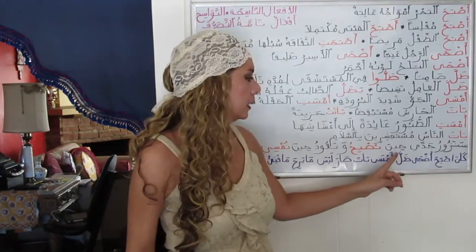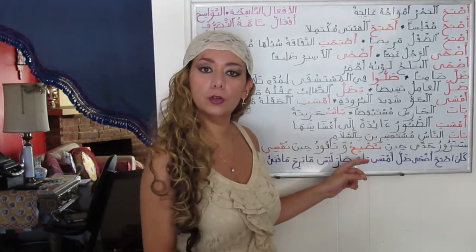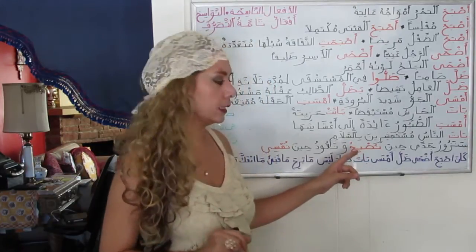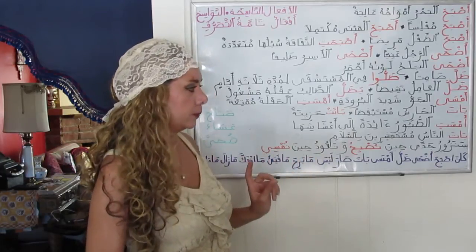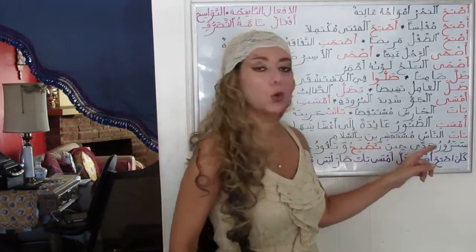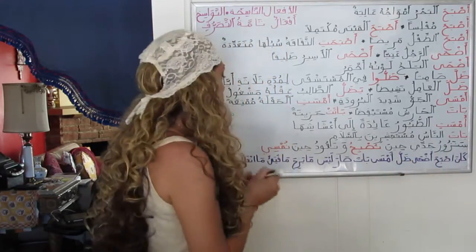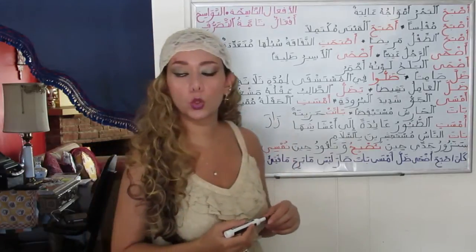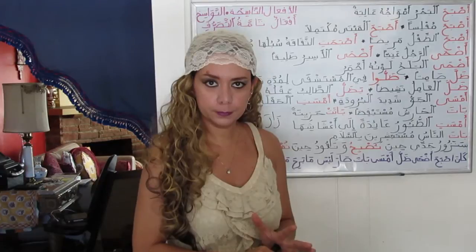سنزور جدي حين نصبح, conjugated in the imperfect present tense, imperfect indicative. ونعود حين نمسي. We will visit, the verb زار, conjugated in the future. سنزور, we will visit my grandfather.